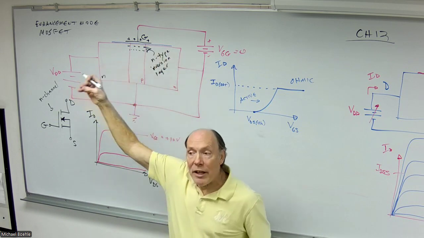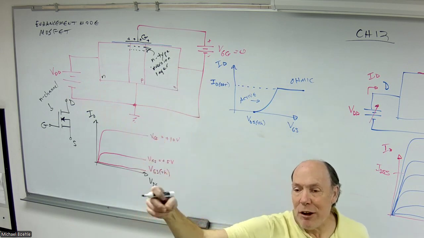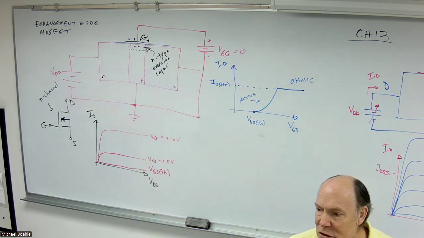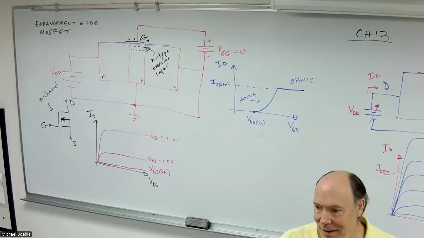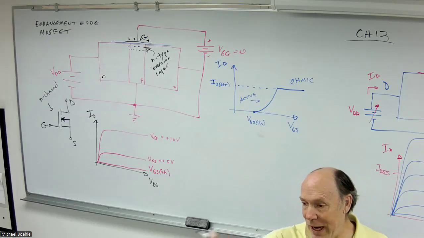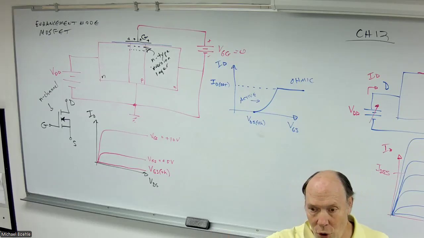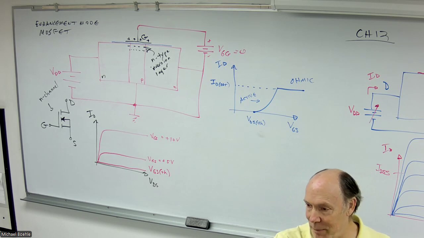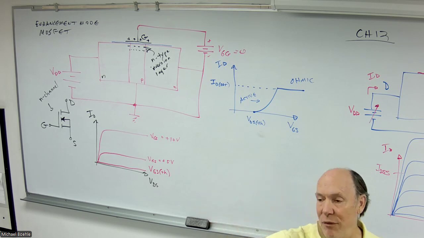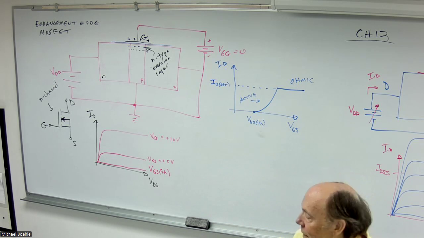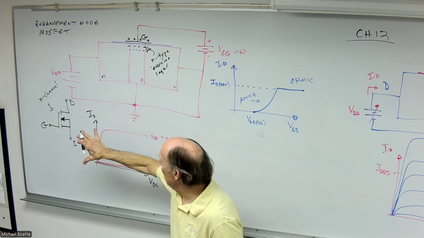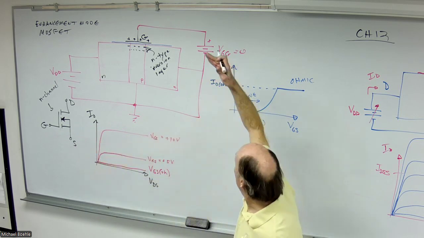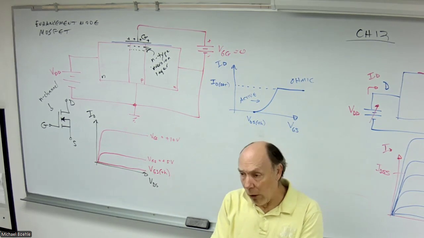Now, what voltage would I need on the gate to create a P channel? In order to create and draw in holes on the other side of my capacitance, I would need a negative voltage on the gate. So the N channel enhancement mode MOSFET requires a positive gate voltage to work.